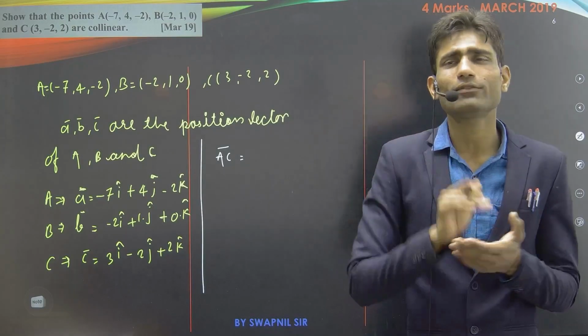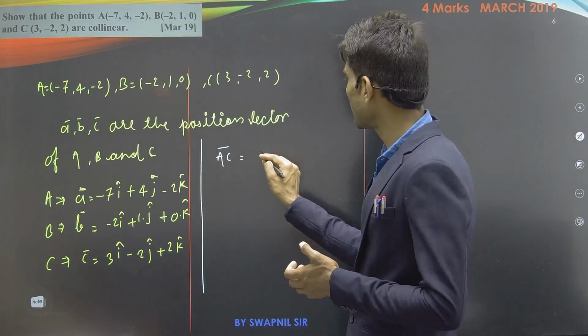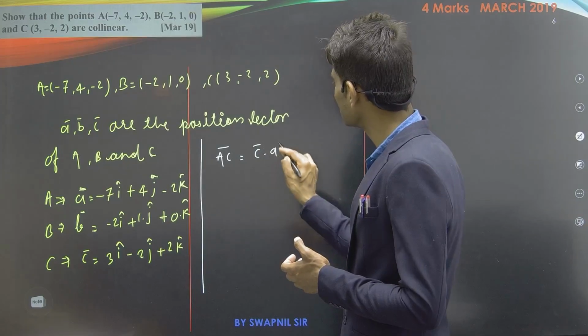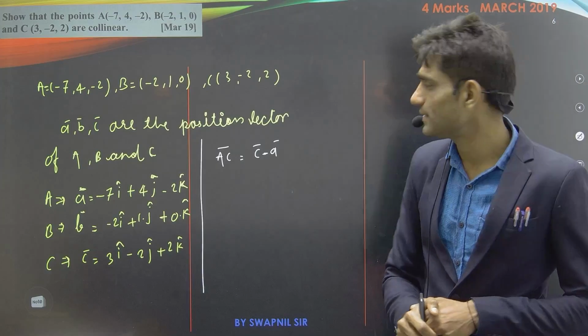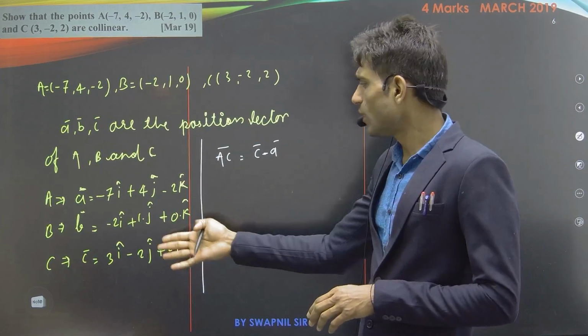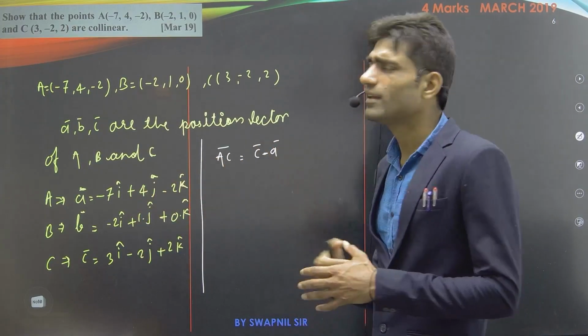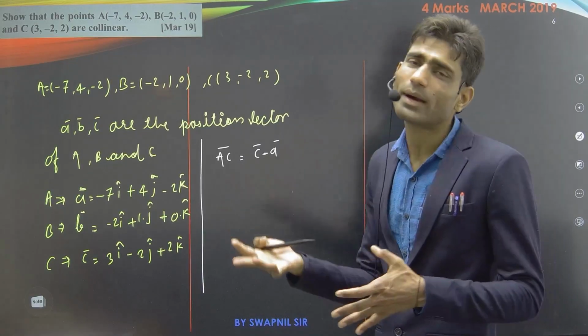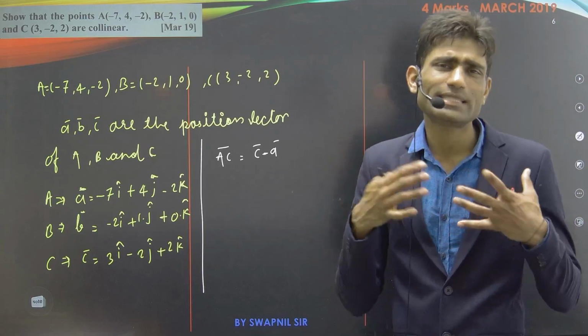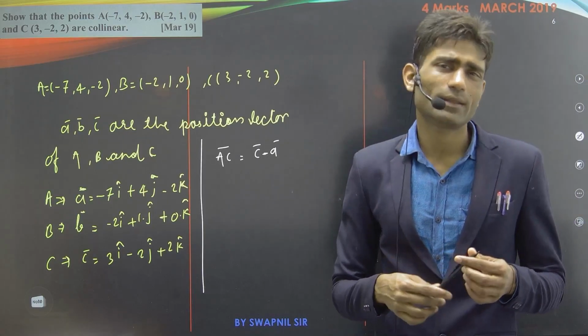So AC bar can be written as c bar minus a bar. Now as we have c bar and a bar, substituting here you will get the value for AC bar. Then go for finding AB bar and show that AC bar and AB bar are scalar multiples of each other.